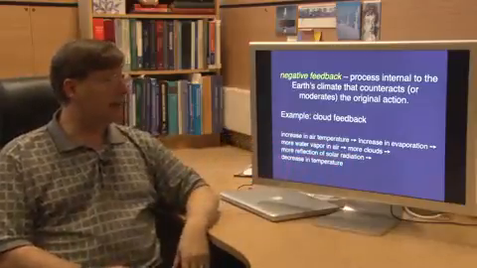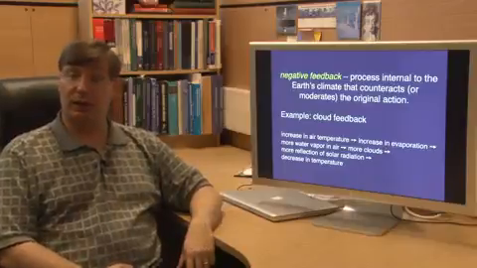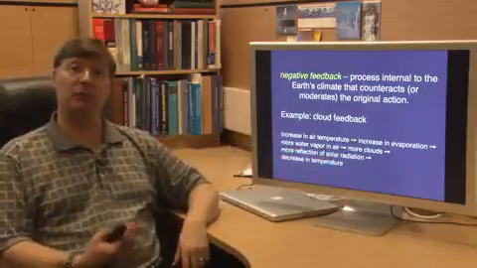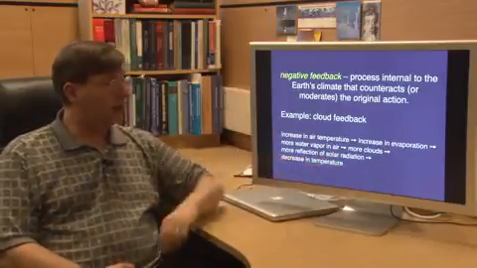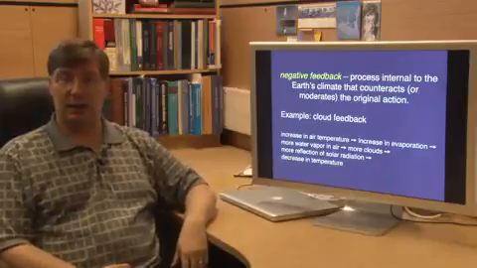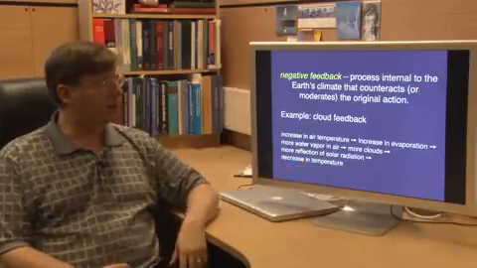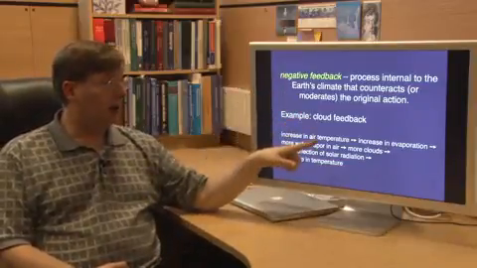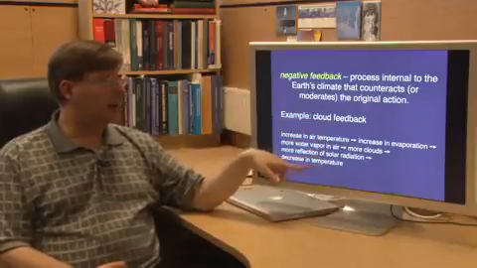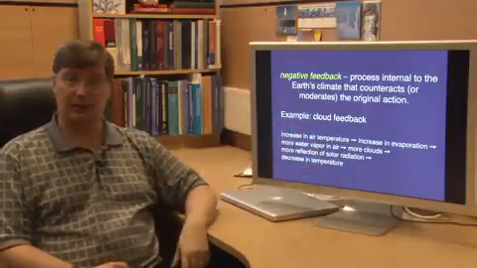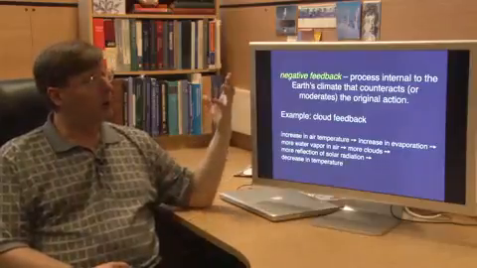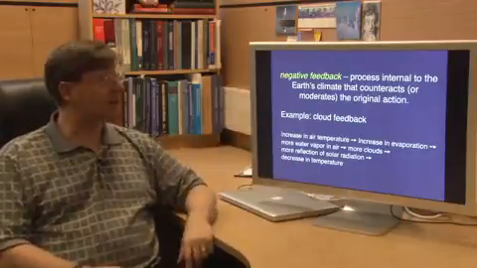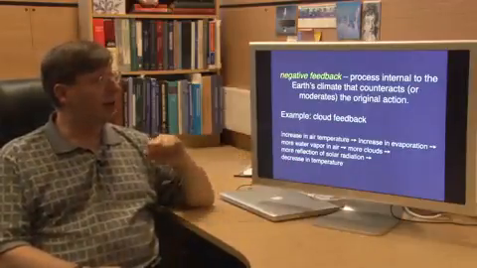This increase in the clouds may lead to more reflection of incoming solar radiation, and with less solar radiation reaching the surface of the Earth, then we will lead to a decrease in the atmospheric air temperature near the surface. So in this case, the negative cloud feedback of an initial increase in temperature leading to a decrease in temperature offsetting that. So through these different feedbacks, we see that the climate system can evolve in certain ways.